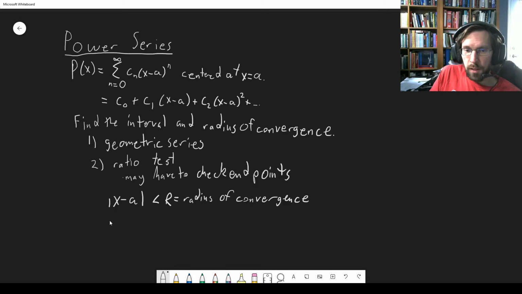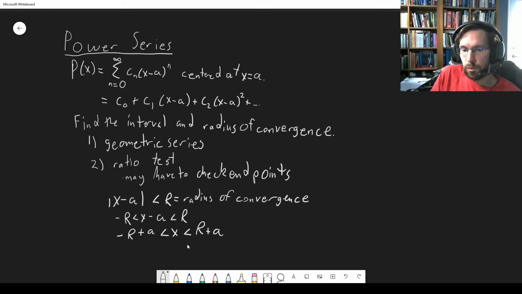Then if you used the ratio test, you may have to check the endpoints, in which case your interval of convergence is always x minus a less than r and bigger than minus r. Add a to everything, so minus r plus a is less than x is less than r plus a.